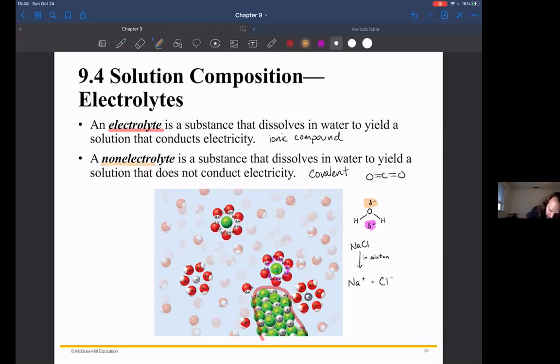So again, non-electrolytes are made from covalent compounds, whereas electrolytes are made from ionic compounds. And this name comes from the fact that electrolyte solutions, those made from dissolving ionic compounds, conduct electricity, whereas non-electrolyte solutions, those made from dissolving a covalent compound, do not conduct electricity.